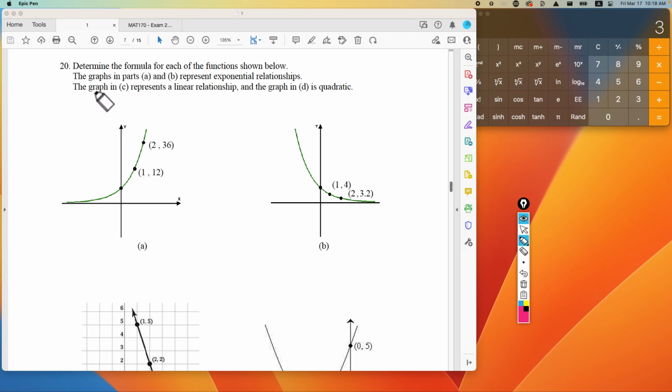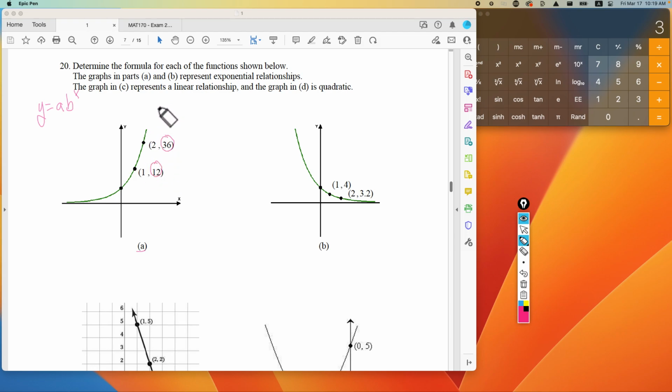So for this first one, for A, what we know is we're going from x equals 1 to 2, so that's a one step. It is an exponential, so our equation is going to look something like y equals a b to the x power. The way we find b, that's the ratio of the y coordinates going from one step to the other.